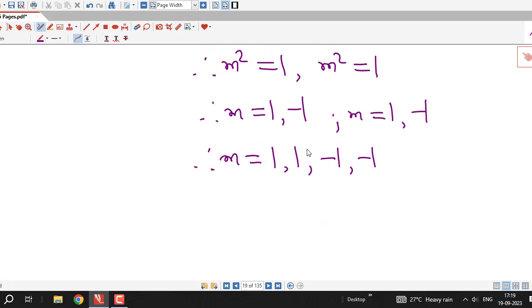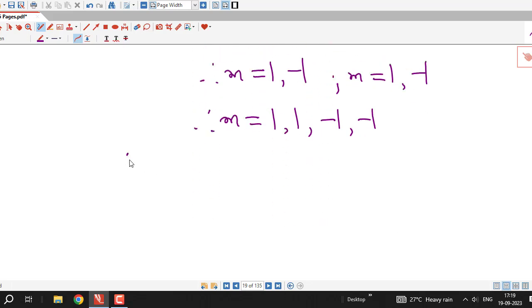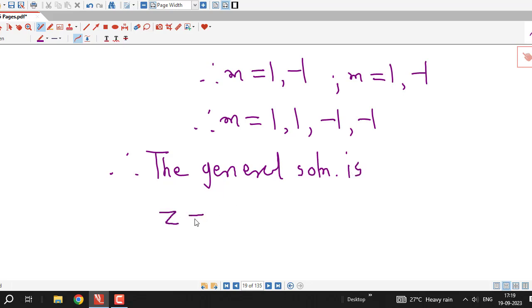That is, we have the case of repeated roots, and in the case of repeated roots we will multiply by powers of x. Therefore the general solution is z equal to, our functions are in this form, arbitrary function of y plus mx.